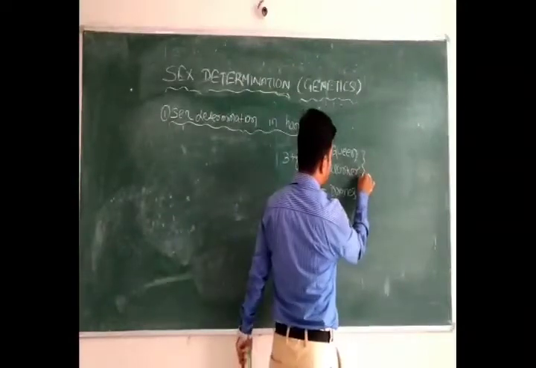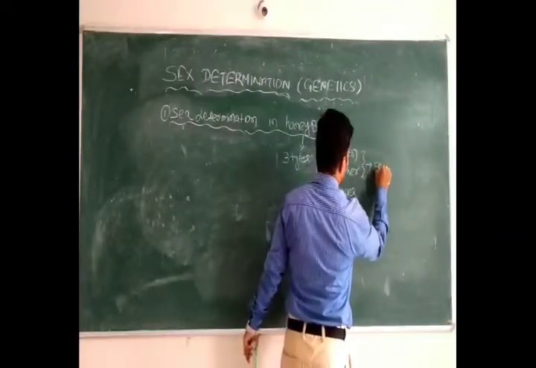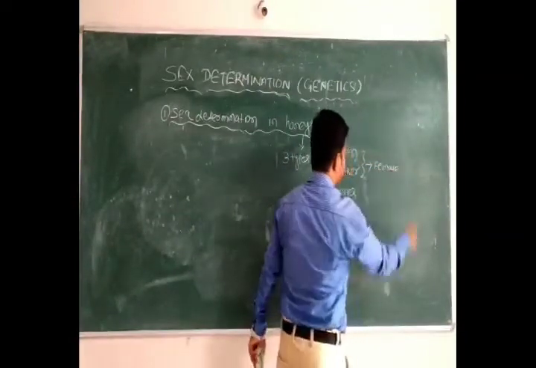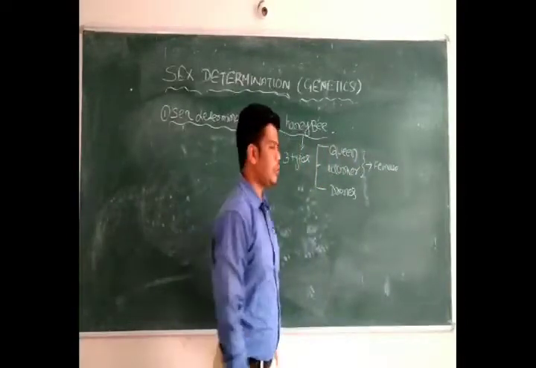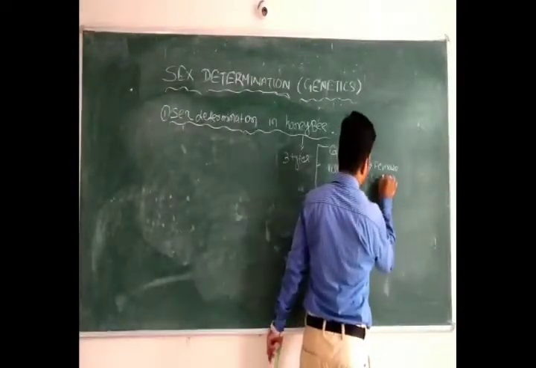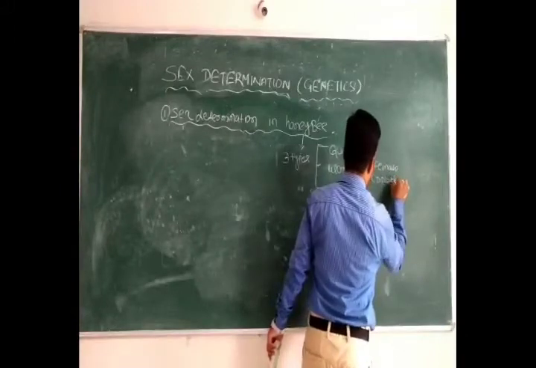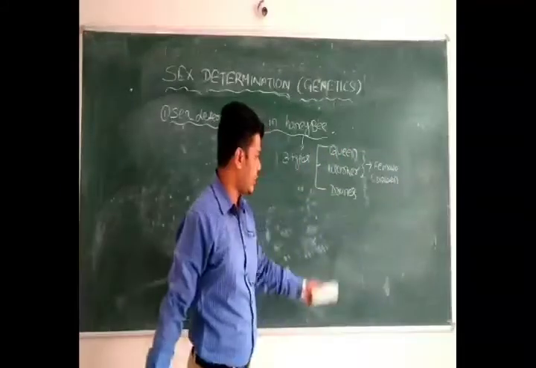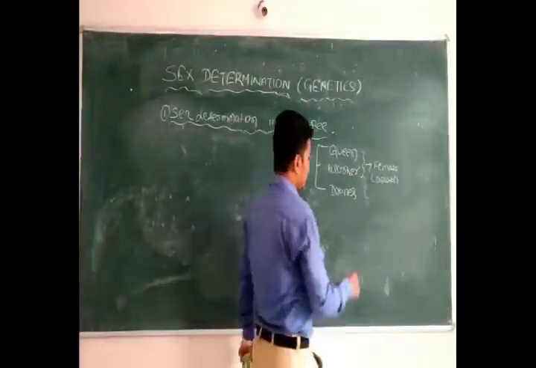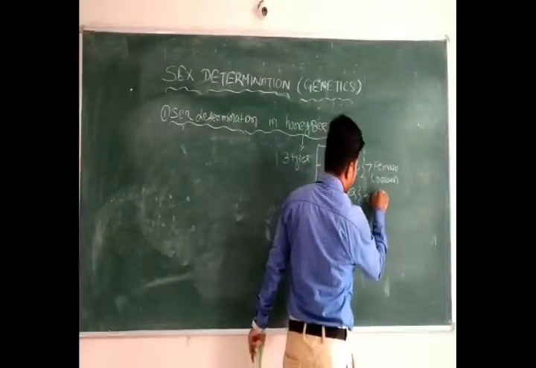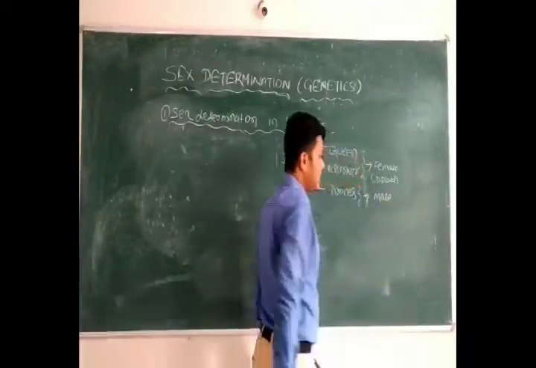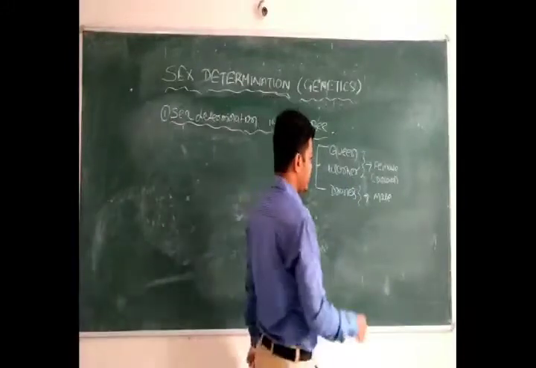The queen and worker are both female, and the females are diploid in nature, and the drones are called male. Generally the male are haploid in nature.